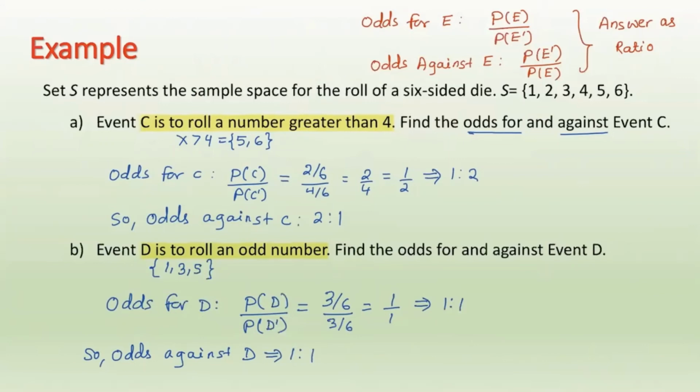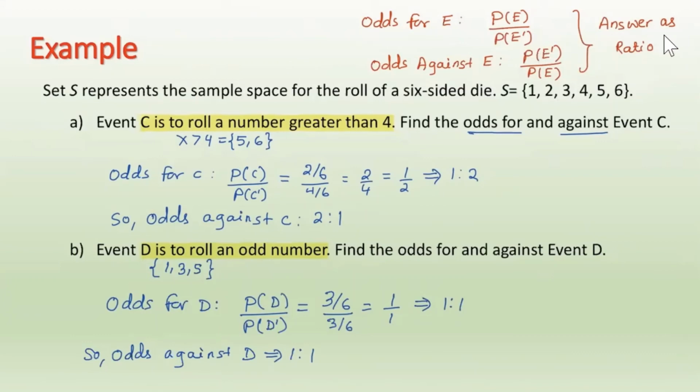So in this example and in the previous example, we looked at the ways of calculating odds for E and odds against E. Remember, if you are calculating odds for E, it will be probability of E divided by probability of not E. And if it is odds against E, it will be probability of not E divided by probability of E. And we always write the answer as a ratio.